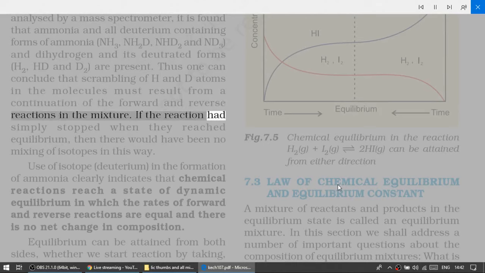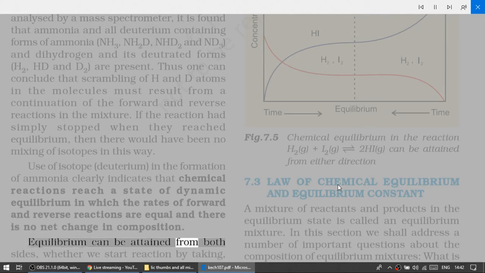If the reaction had simply stopped when they reached equilibrium, then there would have been no mixing of isotopes in this way. Use of isotope, deuterium, in the formation of ammonia clearly indicates that chemical reactions reach a state of dynamic equilibrium in which the rates of forward and reverse reactions are equal and there is no net change in composition.